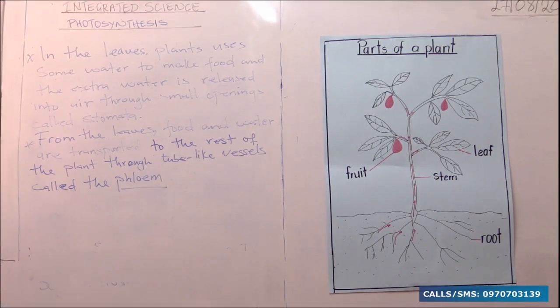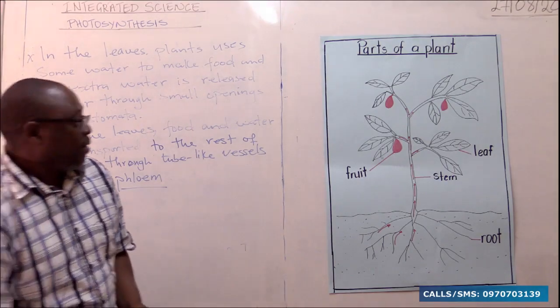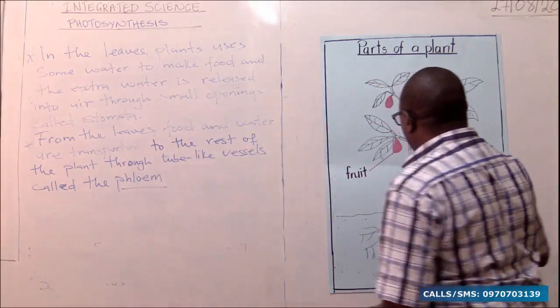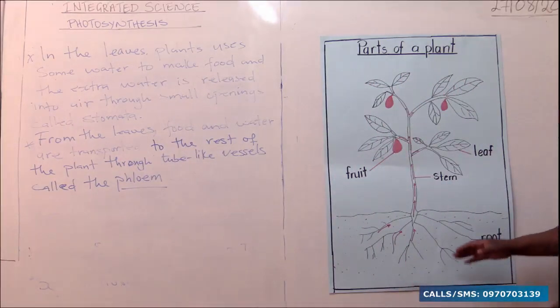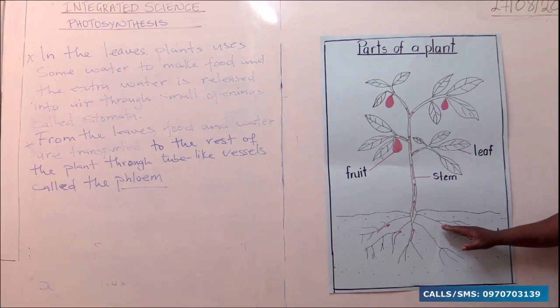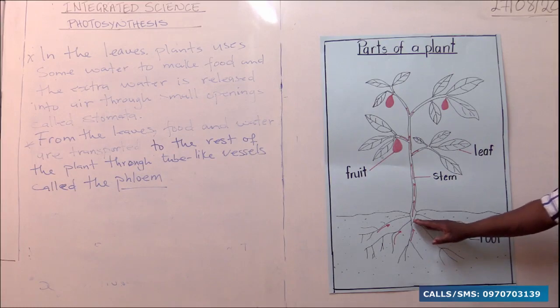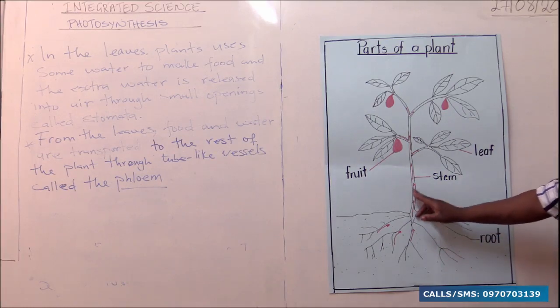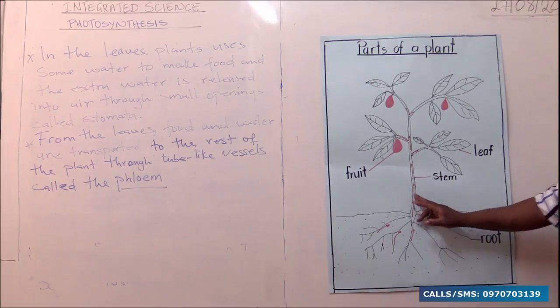Okay, so this is how the process of transpiration works. As I was explaining earlier on, the roots absorb water through the process called osmosis, through the stem to the leaves.